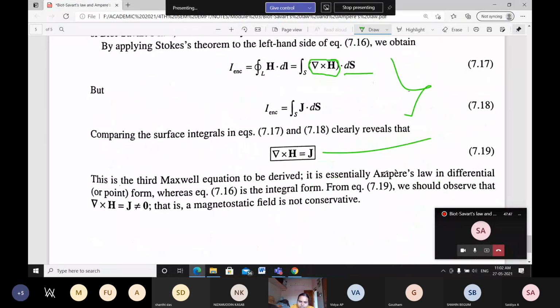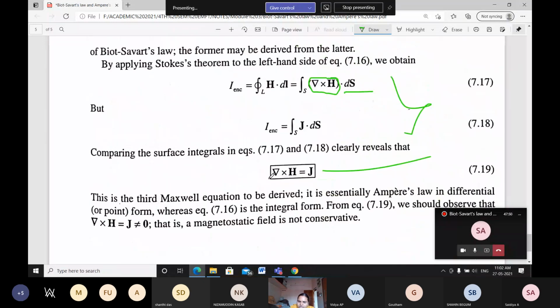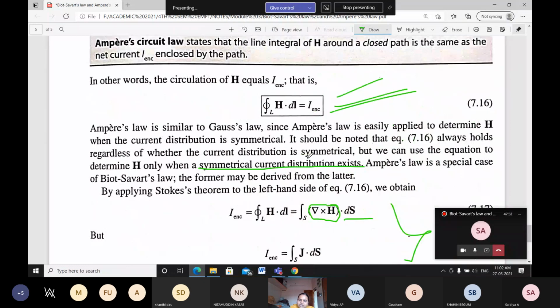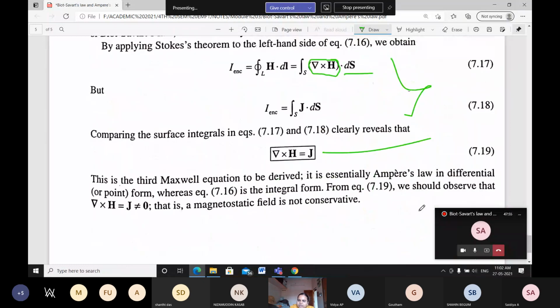We should observe that del cross H is equal to J, but it should not be equal to 0. If current is not there, the magnetic field will not be created.